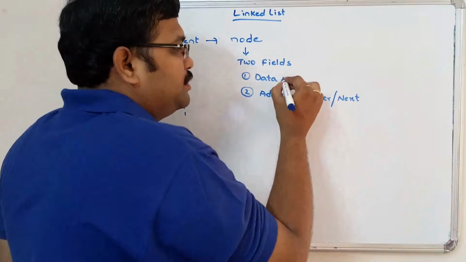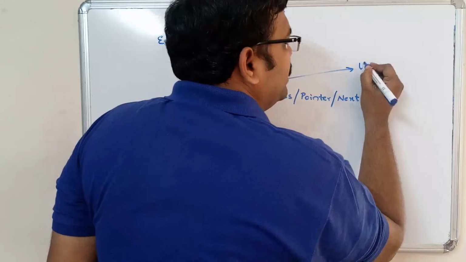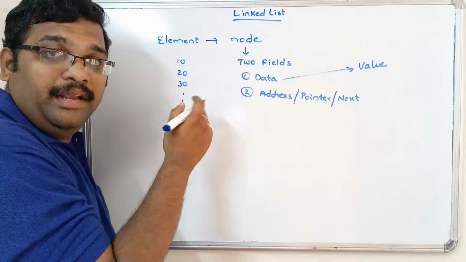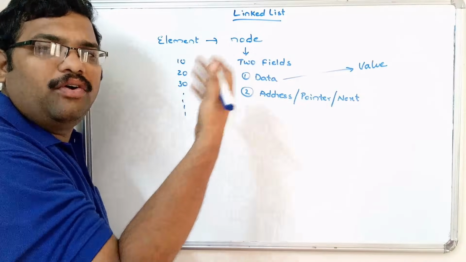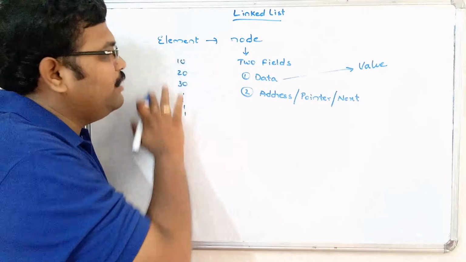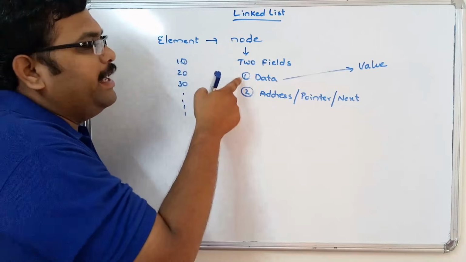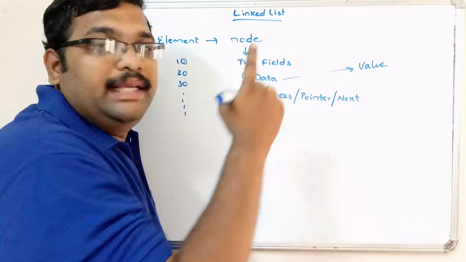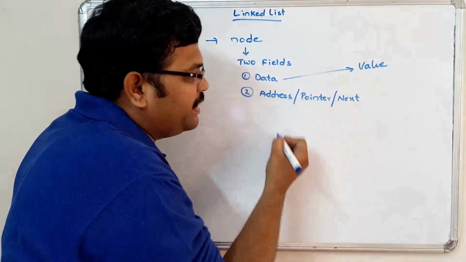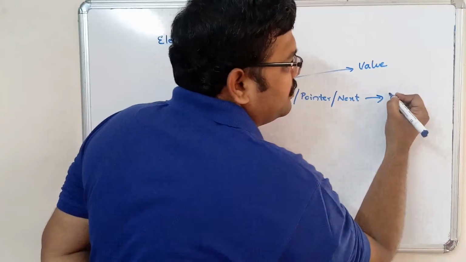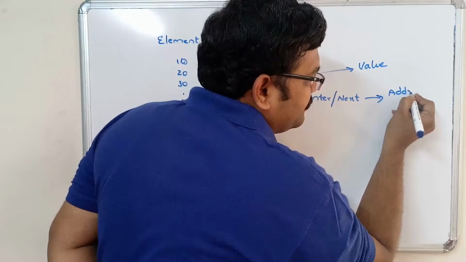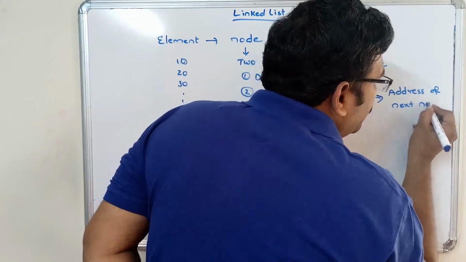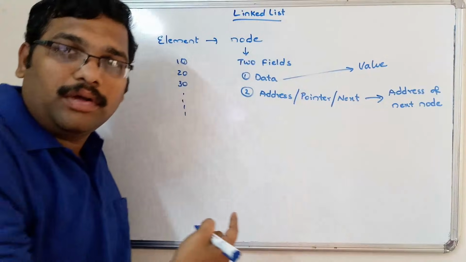In the data field we have to insert the value, that means this type of data. It may be integer, float, character, string or anything else. The actual value will be stored in data. What about the additional field? The name itself indicates it will represent the address of the next node.